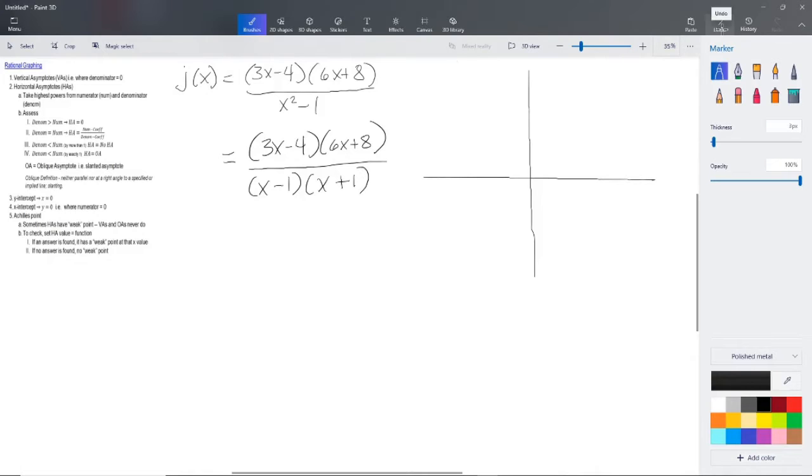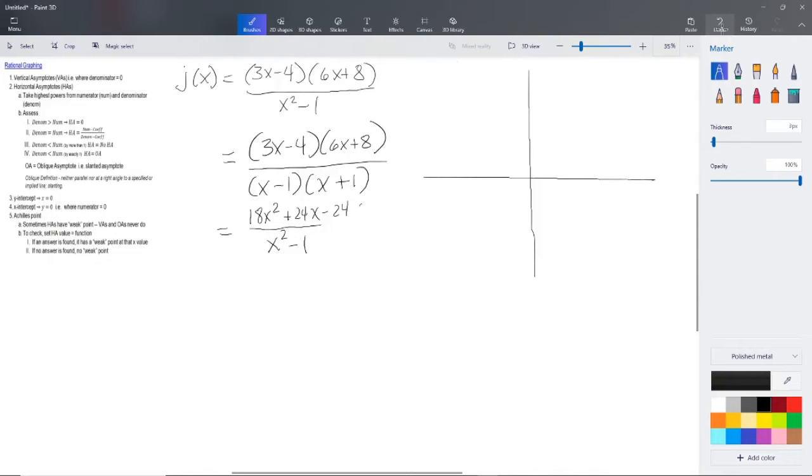There's also value in going back to the original form, keeping the denominator the same, x squared minus 1, and expanding the numerator. So you've got 3x times 6x, that's 18x squared. You've got 3x times 8, it's going to be plus 24x. You've got negative 4 times 6x, that's going to be minus 24x.